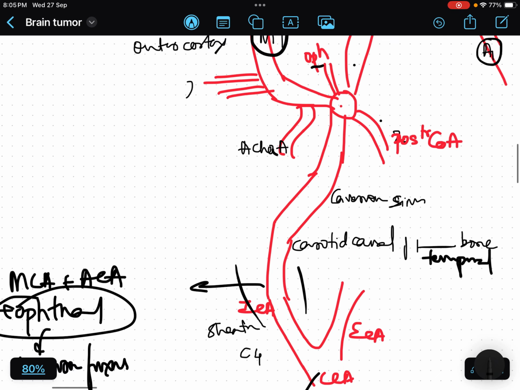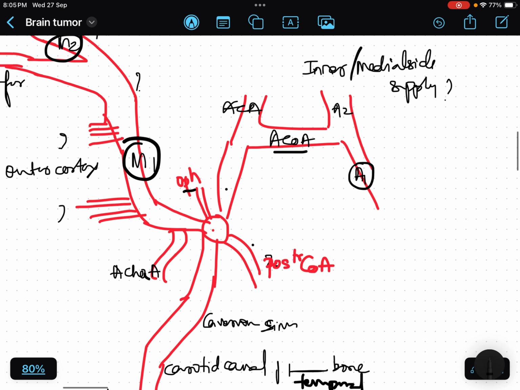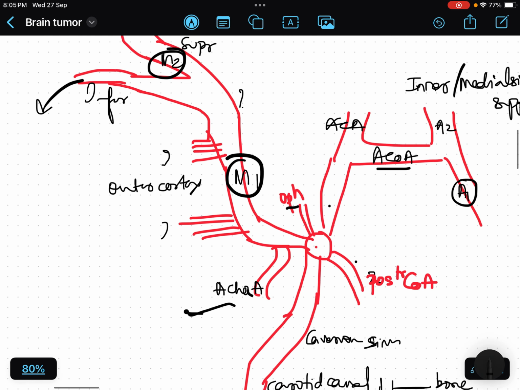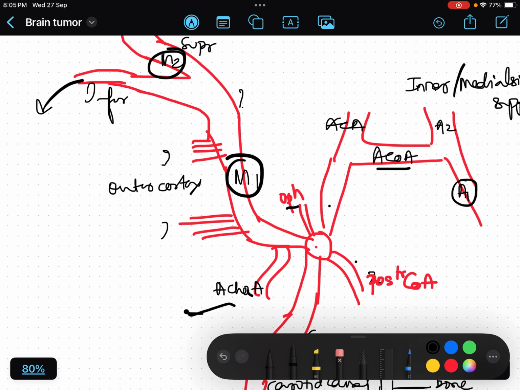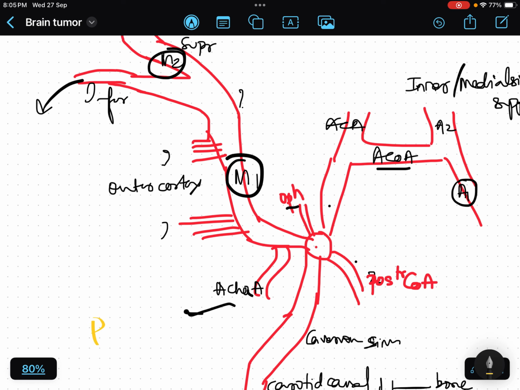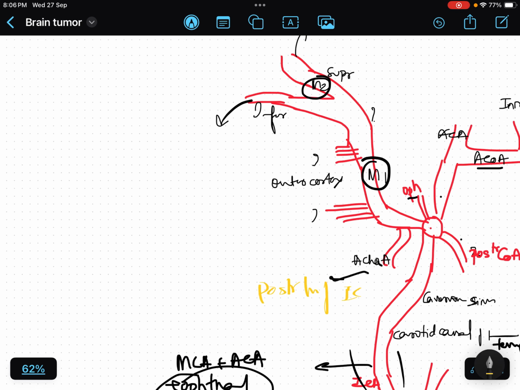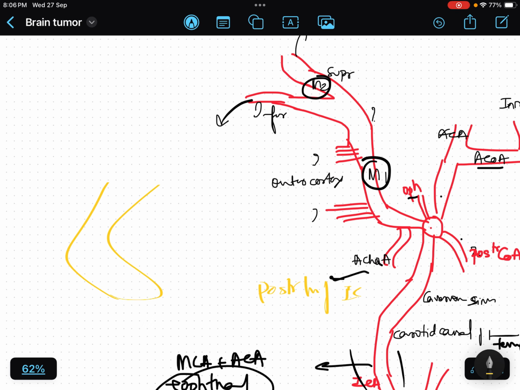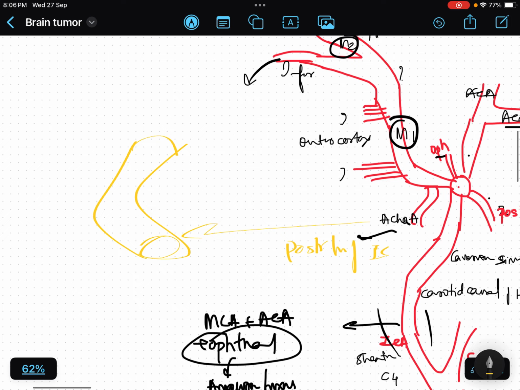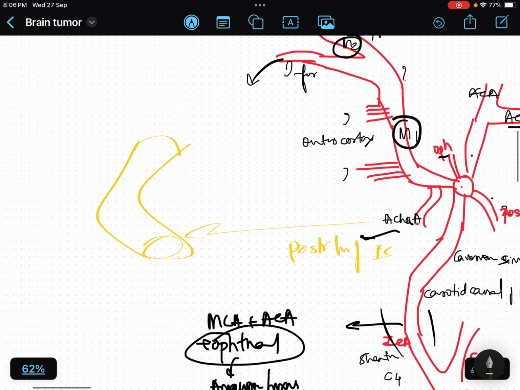Okay, then coming to the anterior choroidal artery, it supplies the posterior limb of the internal capsule. So draw the internal capsule: we have the posterior limb supplied by the anterior choroidal artery, but it has collaterals, so not much damage will be seen.